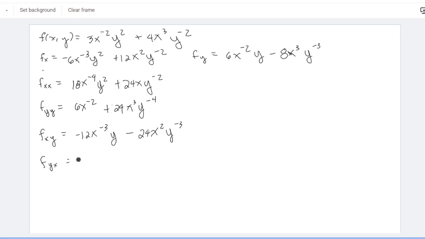With respect to y. 8 times negative 6, we only have negative 12, not 24. So these should be the same. Let's verify. Y plus minus 24x squared y to the negative 3.